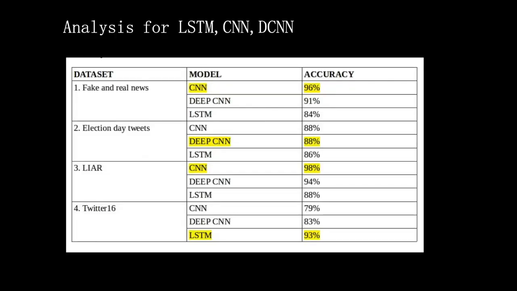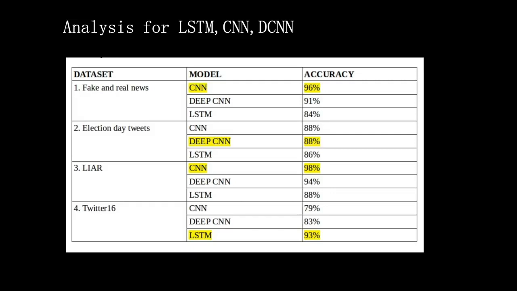Here are the results for the classification that we did with each model. These are the observed results of the models which we have experimented with, along with the proposed model. Here are the different datasets which we have used. We have used four types of datasets. The first dataset which we have used is fake and real news. The models used are CNN, Deep CNN, and LSTM.